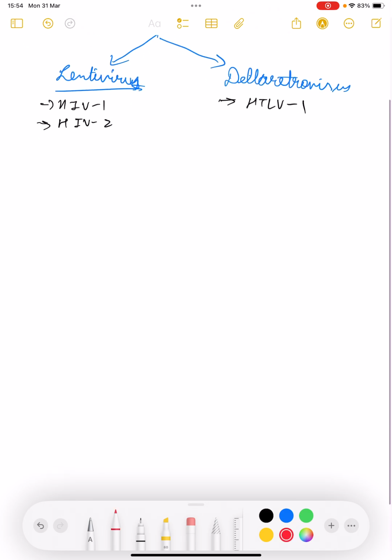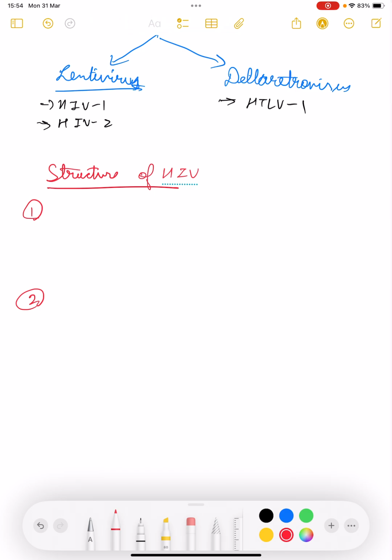Coming to the structure of HIV, we study two things in the structure. First of all, it is spherical in shape, and it is 80 to 110 nanometers in size.